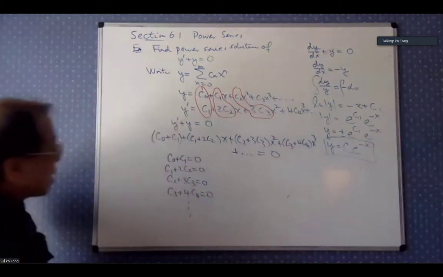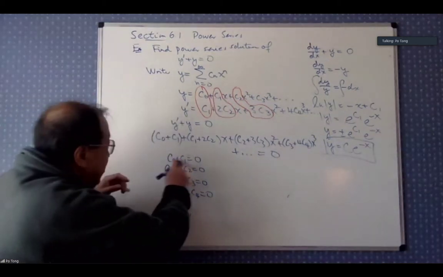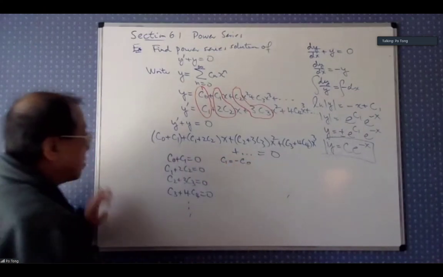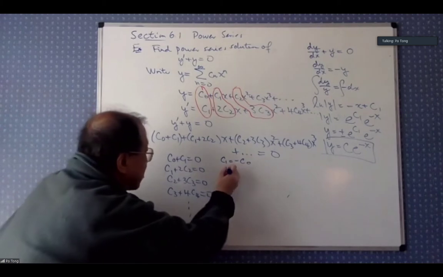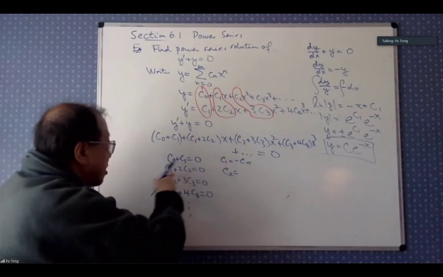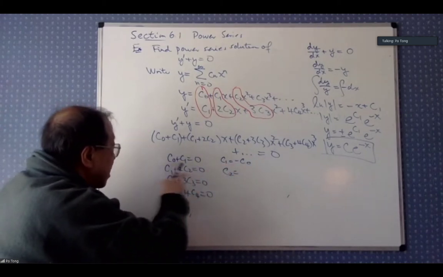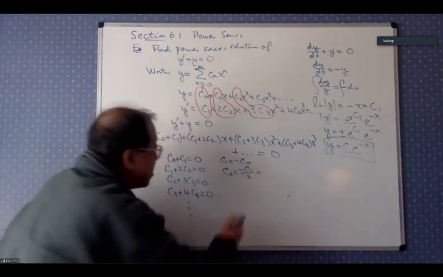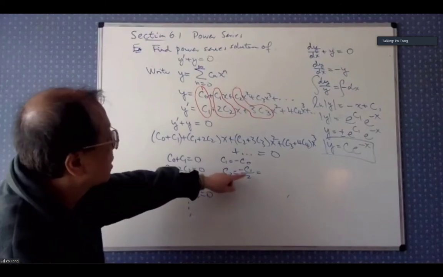So I'm going to express C1 in terms of C0. C1 is negative C0. What is C2? C2 will be in terms of C1 here. C2 will be negative C1 over 2. But C1 can be expressed in terms of C0.